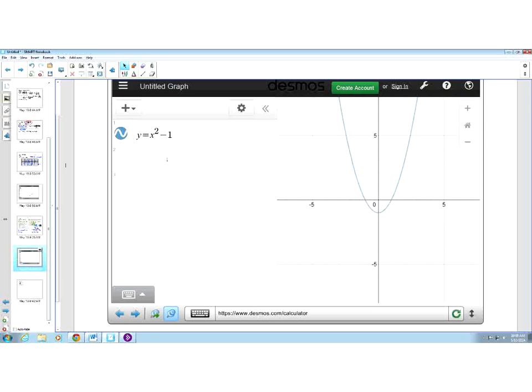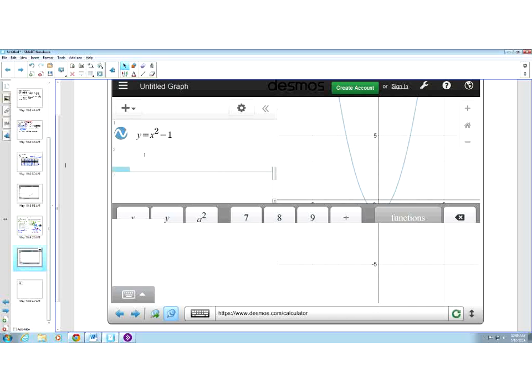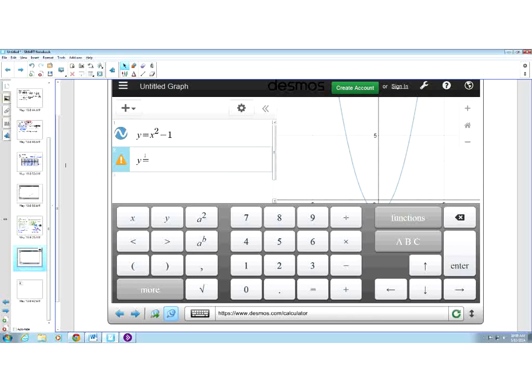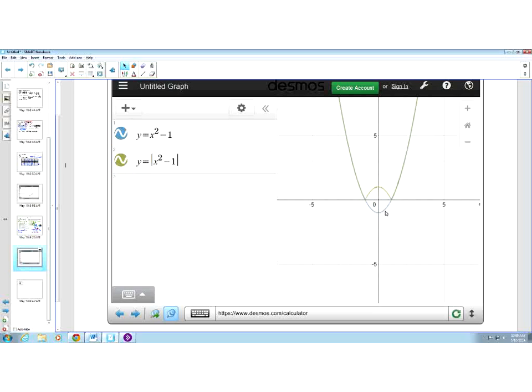Because in absolute value, nothing can be less than 0. So let's see. y is equal to the absolute value of x squared minus 1. And note, you see the blue part that was below the x-axis in the original function, it's now reflected above the x-axis. So you have this crazy looking, quirky looking graph.